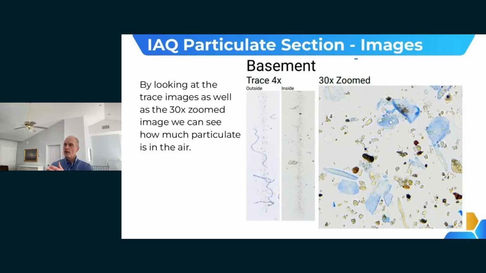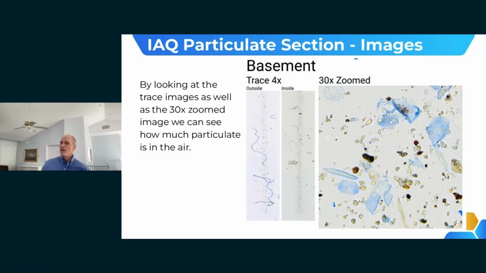As air gets sucked through the cassette by the pump, it lays down this linear trail of debris, and we show the outside air versus the inside air. Ideally, you would like both of those to be clean, but for sure, it'd be a lot better to have the inside air have nothing on it, and certainly a lot less than what you see in the outside air. So this is a great visual.